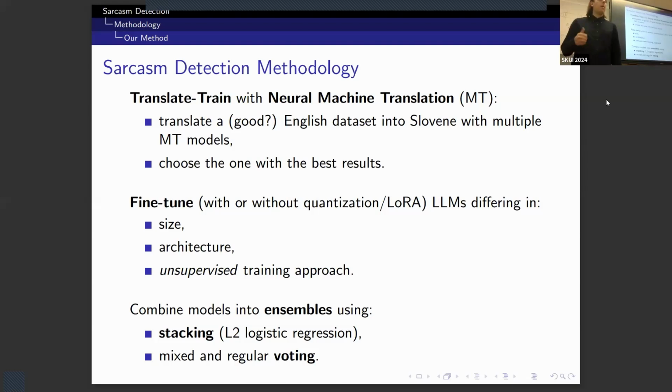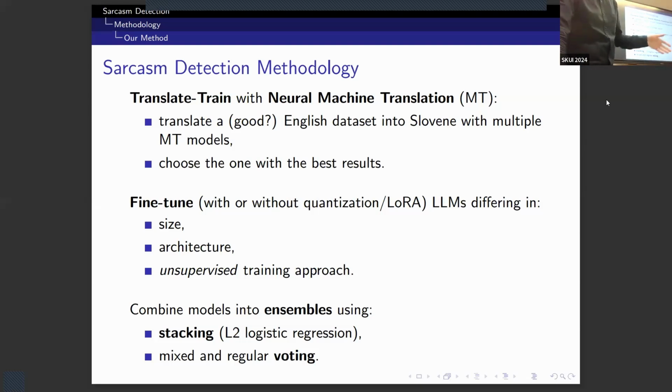Well, actually, we chose two. We chose one T5 model trained specifically for machine translation, and we chose one larger foundational model, which was much larger than a T5 model, and we compared their results.